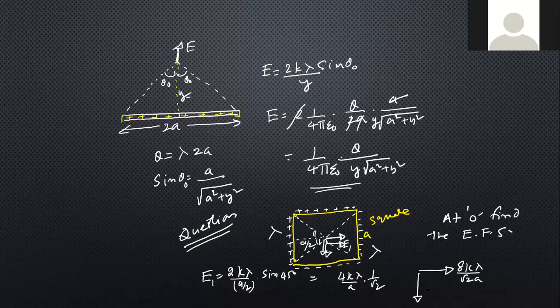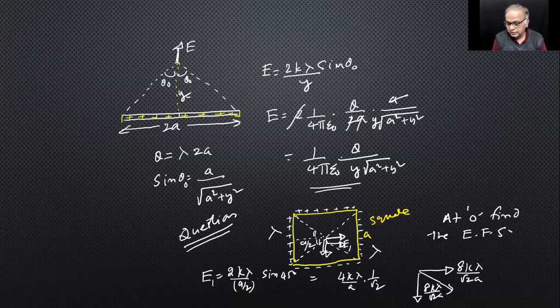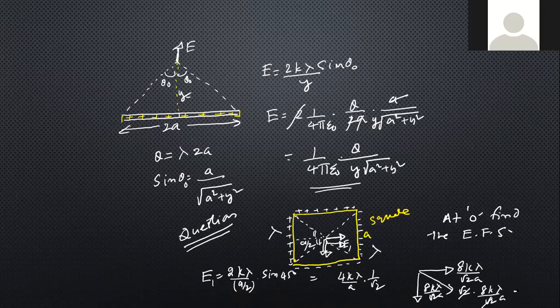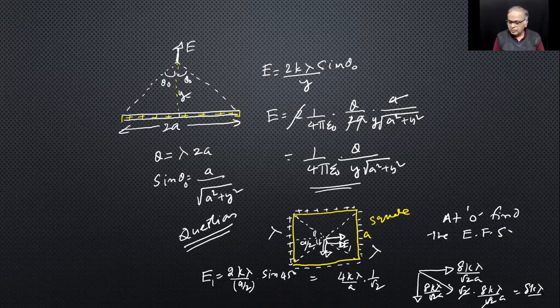So it will be the same, 8k lambda by root 2a. So the net is like this from the middle. It will be root 2 times 8k lambda by root 2a, right? Root 2 gets cancelled. So 8k lambda by a.